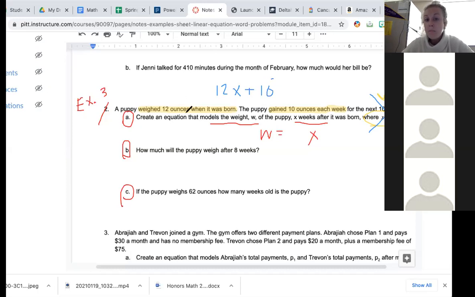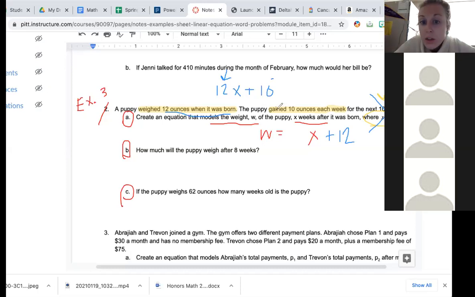It says the puppy weighed 12 ounces when it was born. That's not how much it's going up by. That's the base. Yes, when a puppy is first born, that's its starting weight. So 12 is actually the base.